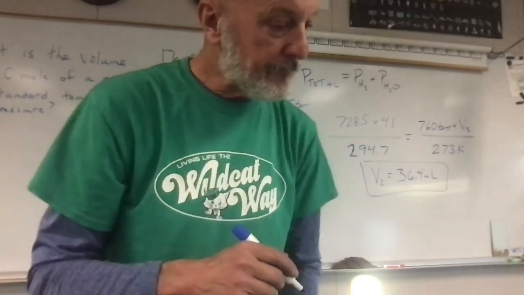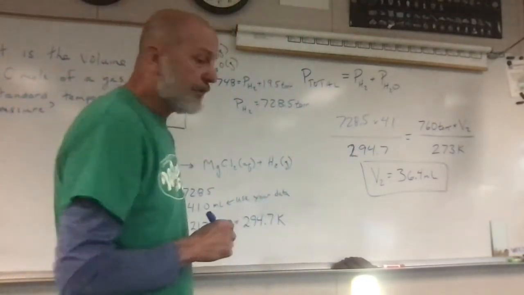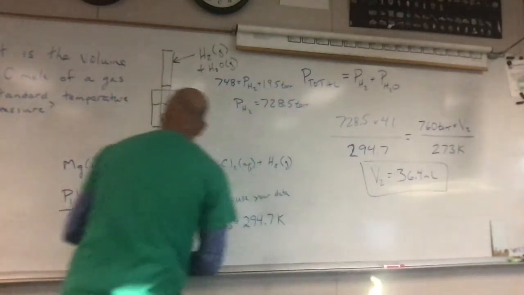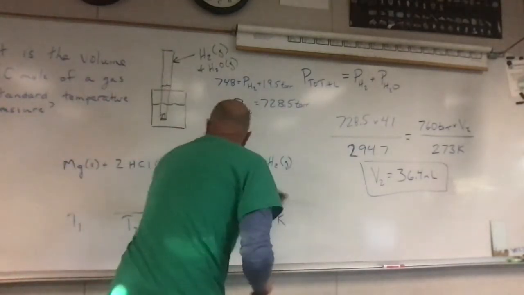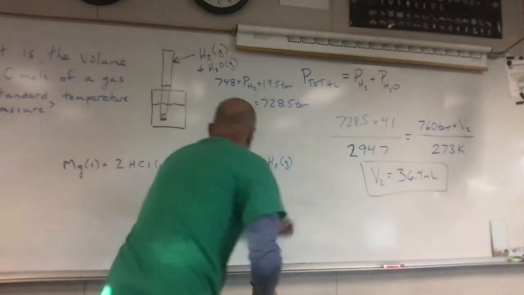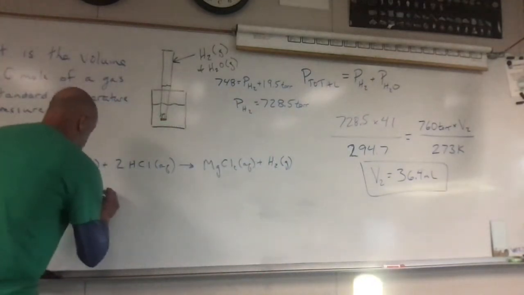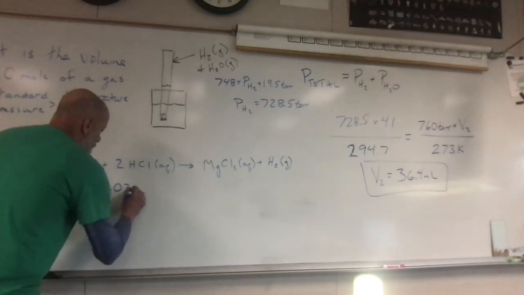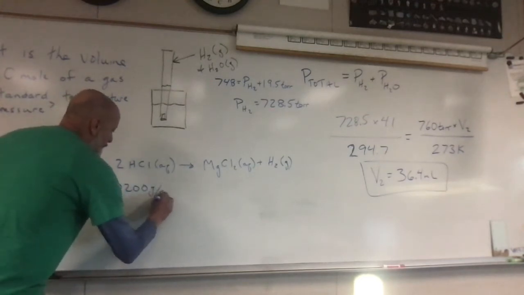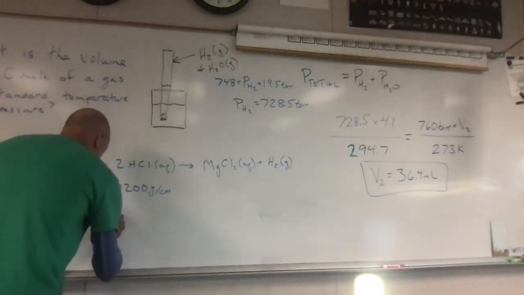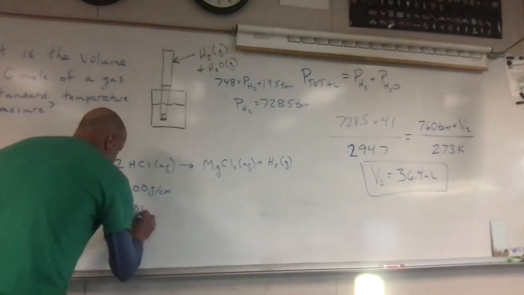That's number 2. And then number 3 says determine the mass and then the moles of magnesium used. I gave you that it was 0.0200 grams per centimeter. I'm just going to go with 2 centimeters. So that would be 0.0400 grams.